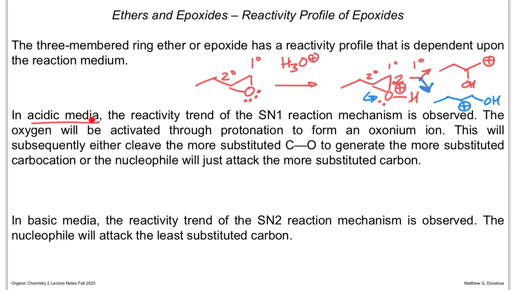So in acidic medium, the preferred way of breaking the bond is the one that generates the more substituted carbocation. And so depending on what else is in there, that carbocation will get trapped by a nucleophile.